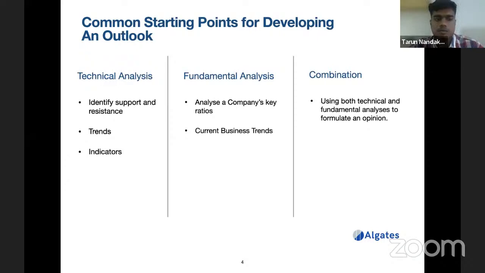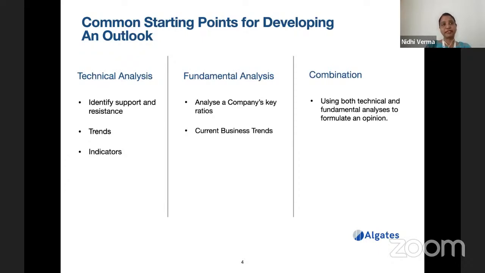So the starting point is technical analysis. I mean, this is basically a fancy way of saying that someone is analyzing charts. The charts will show you the historical stock prices, of course, and then they will show you trends, and on the basis of the trends you can determine what are the support levels and resistance levels for a particular stock or index.